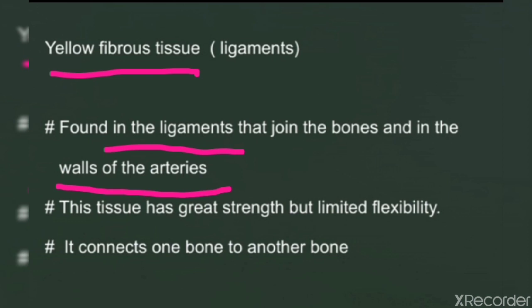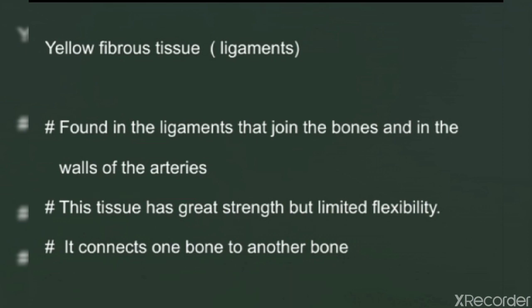Okay, so yellow fibrous tissue is present in ligaments and walls of the arteries. This tissue has great strength, but what about its flexibility? It is limited. It is not so flexible. Is it clear? And the main function is to connect one bone to another bone.